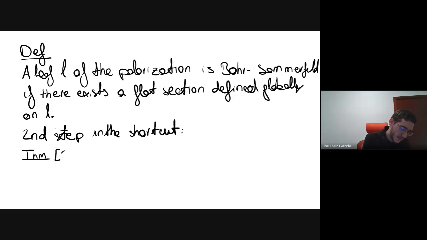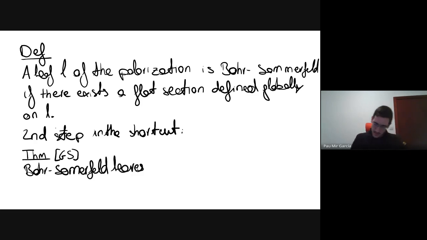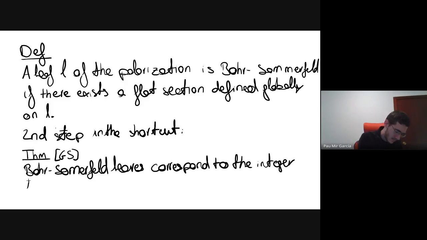This result from Guillemin and Sternberg tells us that essentially Bohr-Sommerfeld leaves correspond to the integer lattice in the image of the moment map.